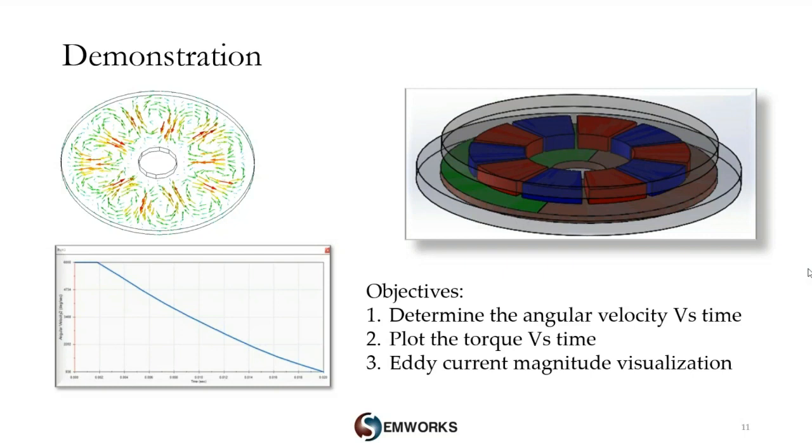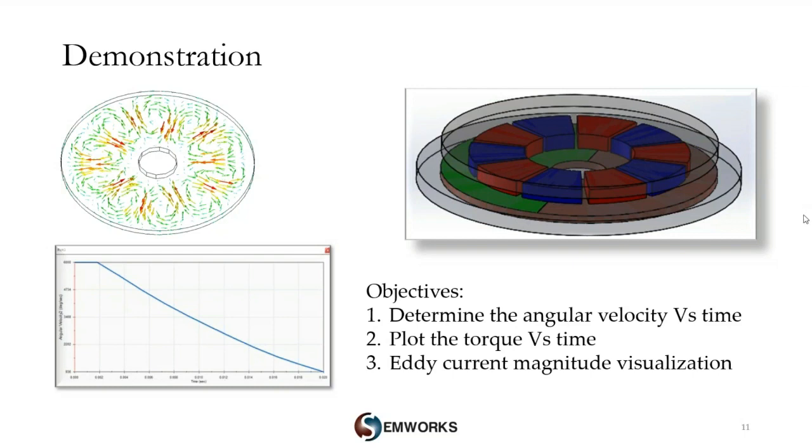We have systems like machinery where there is rotational motion, and if you need to decelerate or stop this motion, rotary eddy current braking systems are widely employed. I will show you a demonstration of a typical system where we use a combination of magnets to stop a conductor which is rotating.